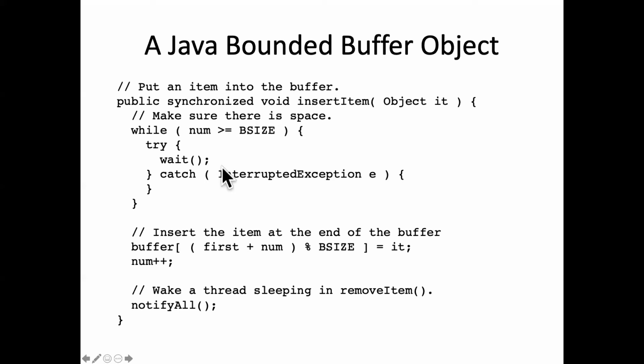So I might run around this while loop a few times until there's empty space in the buffer. Once there is, I put a new item in the buffer, the item that just got passed into this function. Same as before, since I'm in a synchronized method, only one thread at a time should be running in any synchronized method on this object. So I don't have to worry about other threads messing with the buffer while I am.